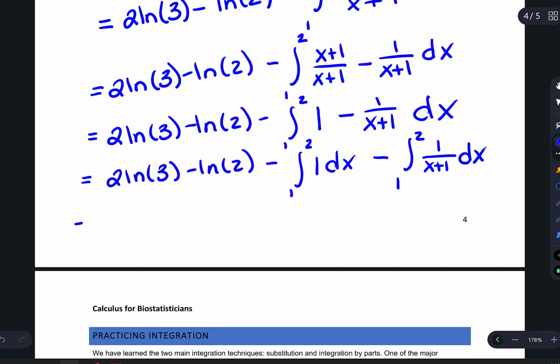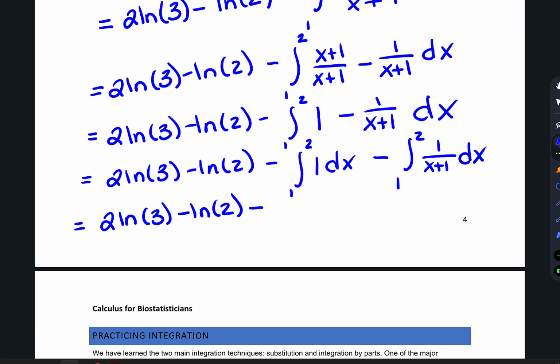And now finally, this is going to be equal to 2 times the natural log of 3 minus the natural log of 2. Now we know that the integral from 1 to 2, 1 dx, is just going to be equal to the function x evaluated from 1 to 2.